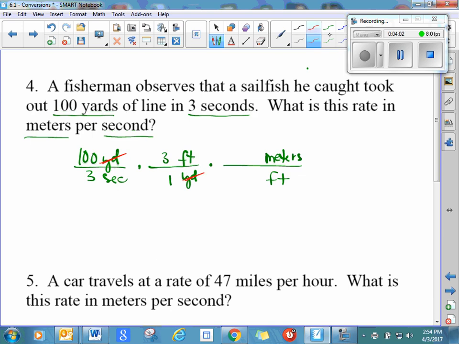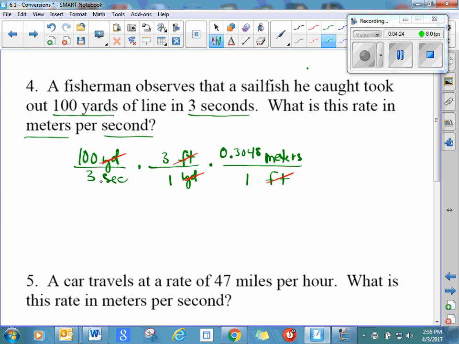And now I go pluck the conversion factor out of the book. And it says 1 foot, so the 1 goes with the feet, is the same as 0.3048 meters. So the feet cancel, and we're left with this to clean up.